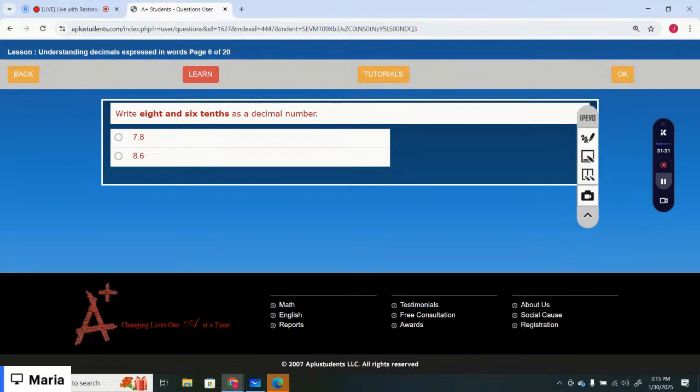Write 8 and 6/10 as a decimal number. So which is the correct option? That is 8.6. Option number 2 is the correct option. Very good.